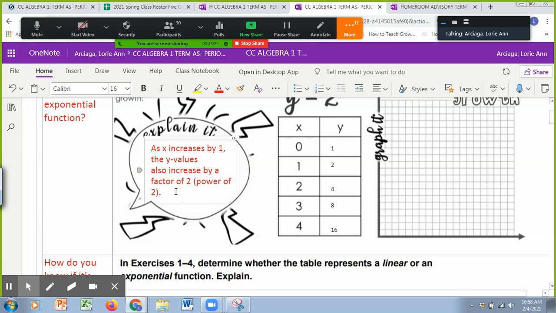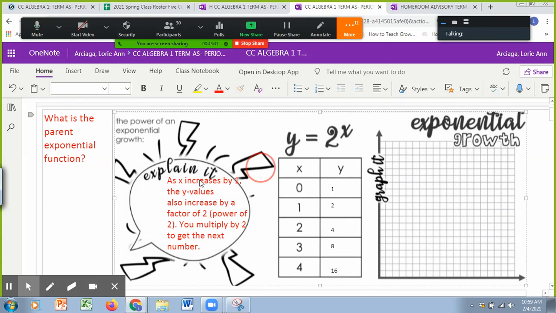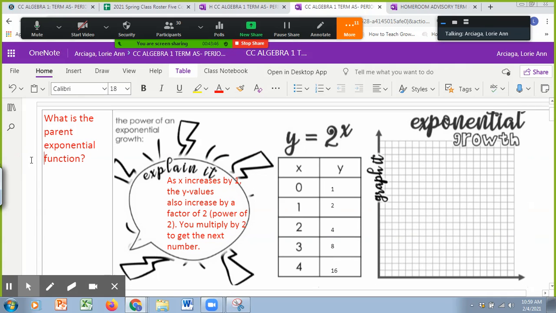So in other words, you multiply by 2 to get the next number. All right, so that's what's describing our table of values. And that's only for the parent exponential function, meaning the most basic one, where the base is 2.